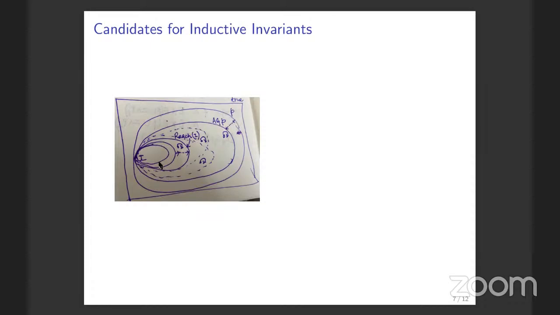What I've shown here in dotted circles are other possible candidates for inductive invariants that you can use to prove the property. And if there are ways to get to them in an efficient fashion, then that will be a better method.